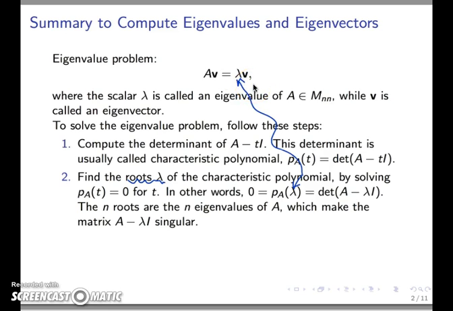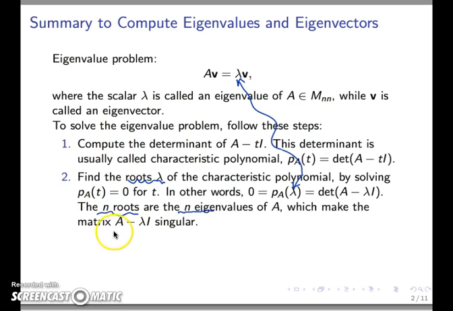Because we're working with an n by n matrix, then by some algebraic theory, a polynomial of degree n has exactly n roots, and each of those roots is an eigenvalue. So there are n eigenvalues for this n by n square matrix. That result allows for repetition. These eigenvalues could be repeated, or they can all be distinct, different from each other, but we will count them as n, the number of rows and columns.